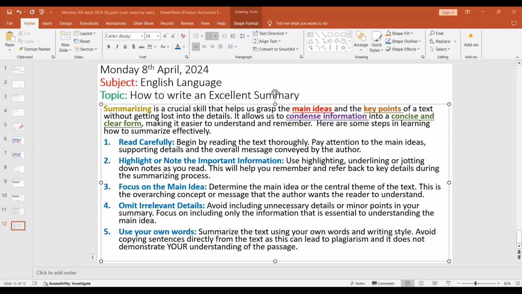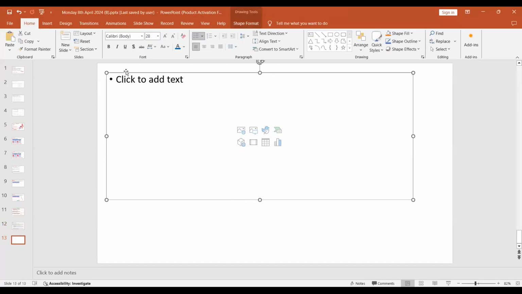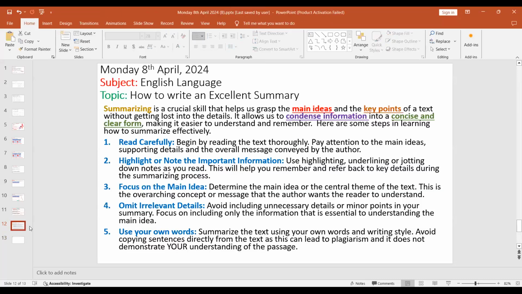What I want you to do is, now you don't have forever to do this, right? I am going to give you 7 minutes to write a summary based off of this passage. But first we're gonna read it. I'm gonna read it twice, and then I'm gonna give you 7 minutes.